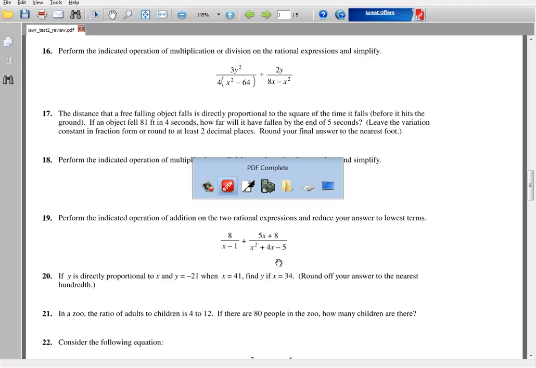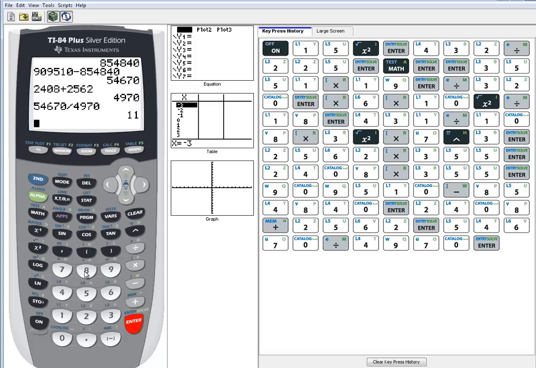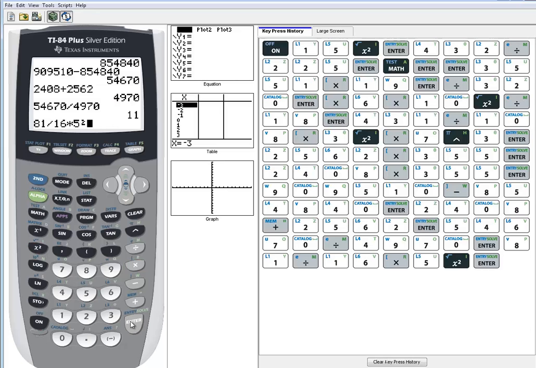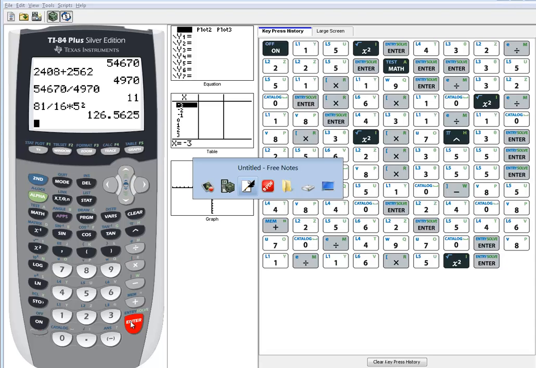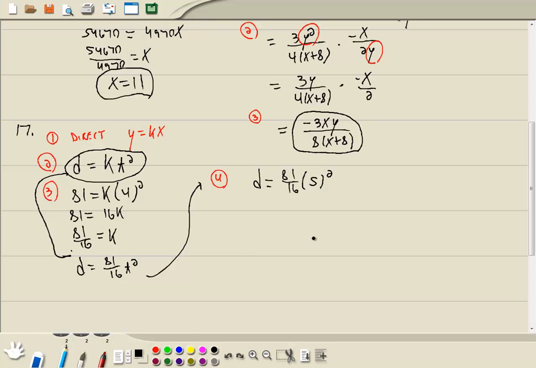Round your final answer to the nearest foot. Okay. So I got 81 over 16 times 5 squared. And round it to the nearest, so it'll be 127. So D is 127 feet.